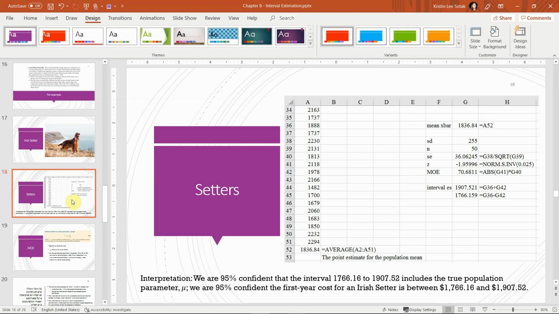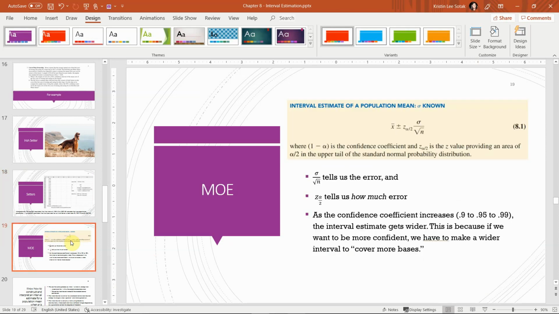But notice what you've done is you've made your interval estimate much wider. You've gone from almost $1,800 to $1,900 to $500 to $5,000. Sure, you're more confident, but that interval is now much wider. So there's a trade-off. You can increase your confidence, but typically your confidence interval gets wider. Your margin of error goes up.